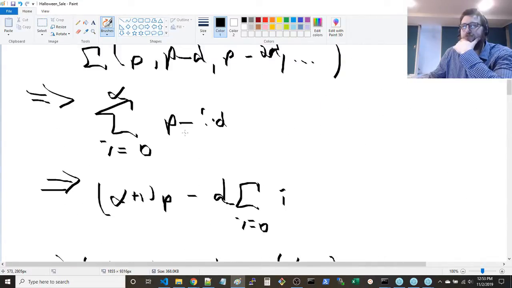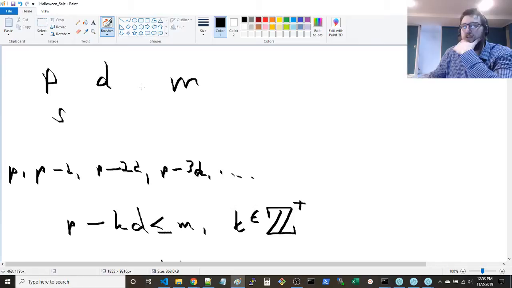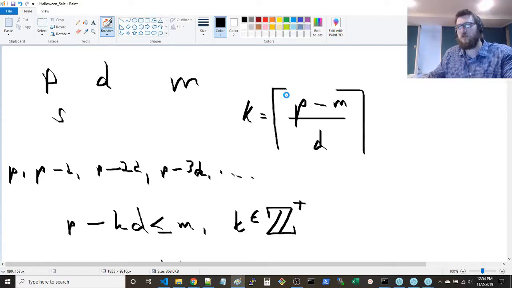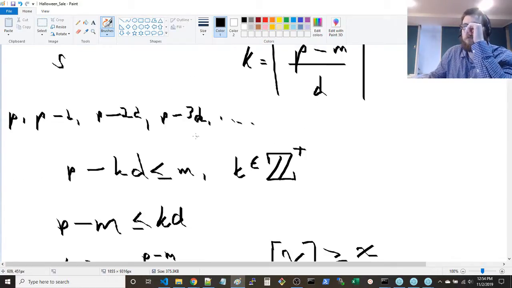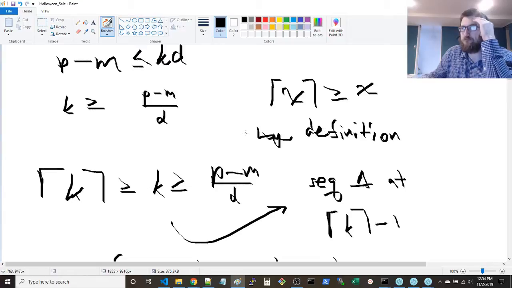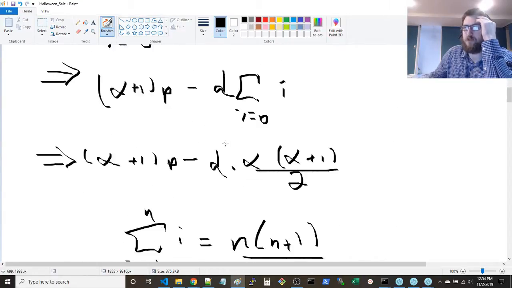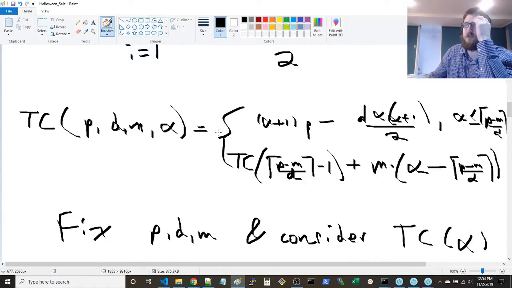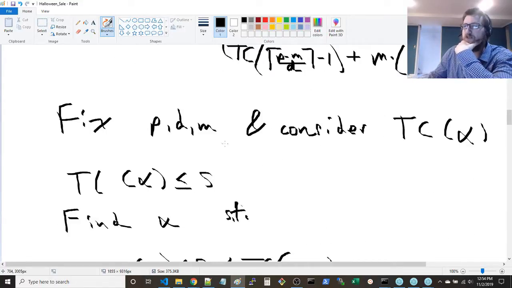So we've got P, D, M, and S. Then we can define K to be the ceiling of (P minus M) over D. And then we can end up with a piecewise function for the summation, which we want to consider.